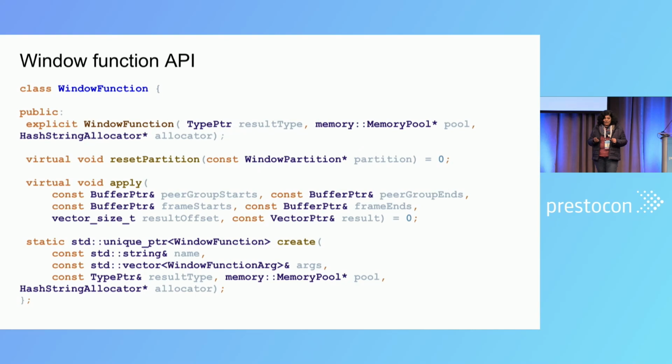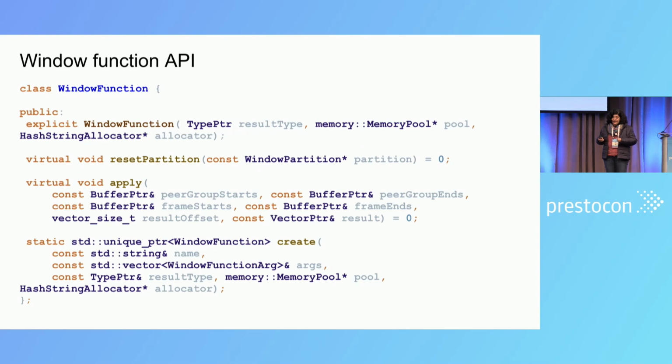Okay, so I've given this as an example of the window function API to demonstrate that we're working on vectors and buffers because this is a vectorized engine. And the window function is similar to other data engines.